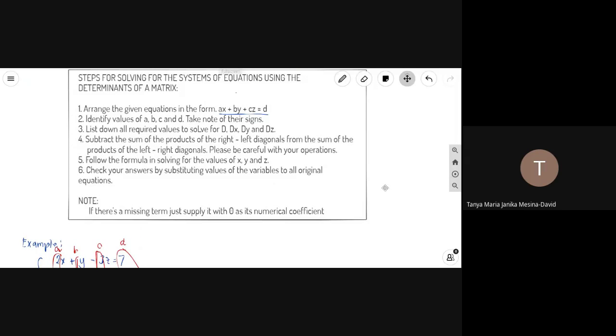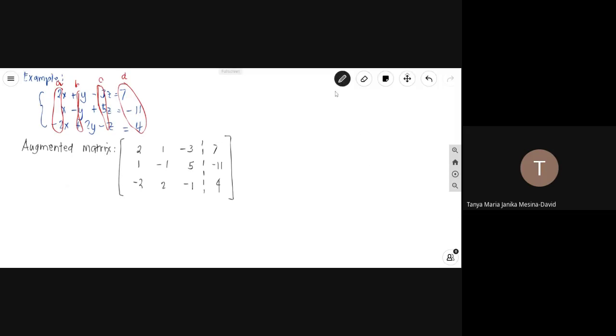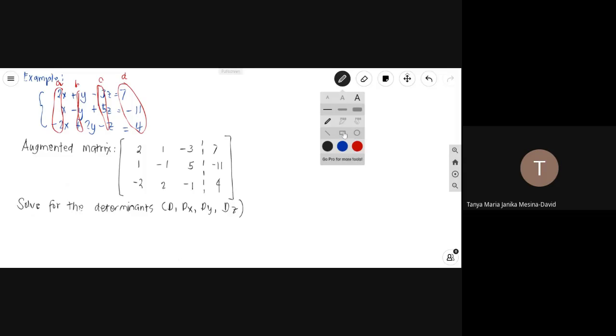Now, let us solve for the determinants. According to our steps, we have D, Dx, Dy, and Dz. Let us first solve for the determinant D. So how do we solve for the determinant D?